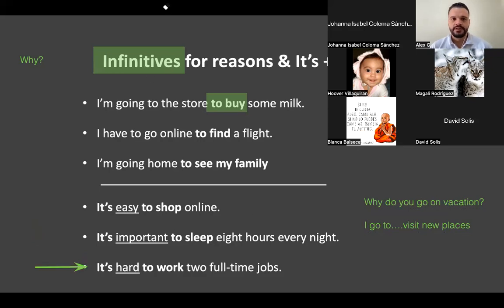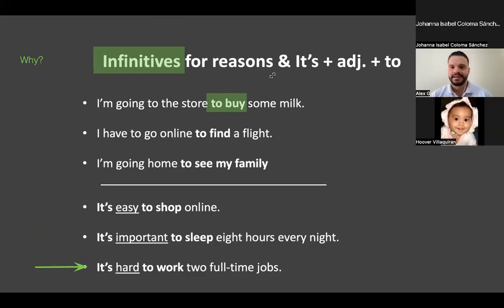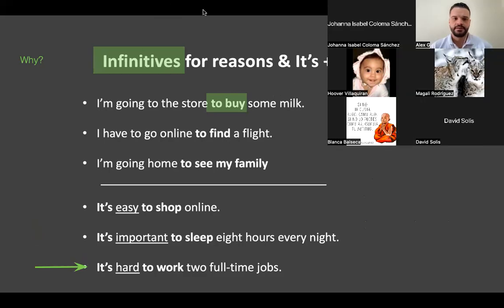So now it's going to be very similar to the infinitive, but now we're going to use an adjective, okay? So in order to use an adjective, we are going to use something similar to this. It's easy to, and how can we complete this expression?